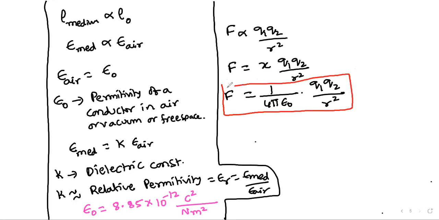In air, I can write F air equal to 1 by 4 pi epsilon naught times Q1 Q2 by R square.